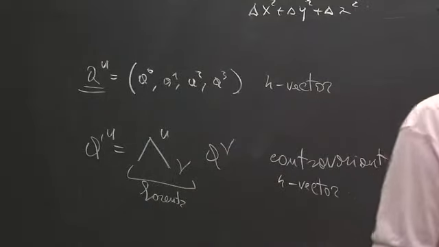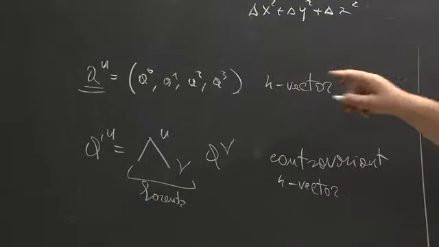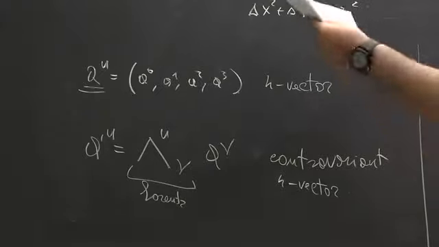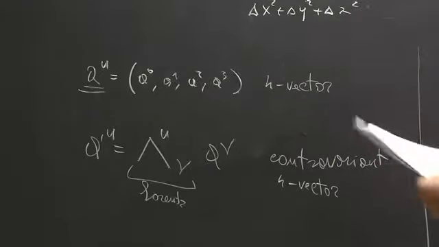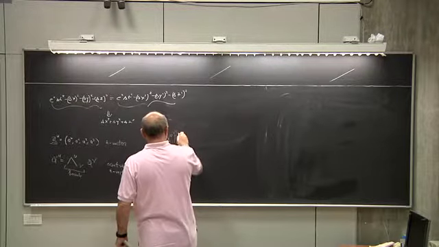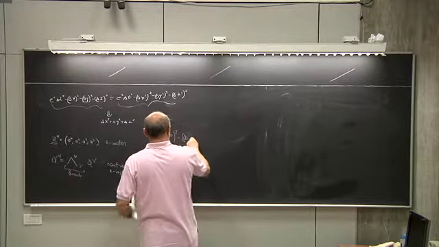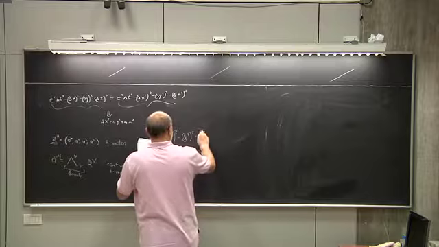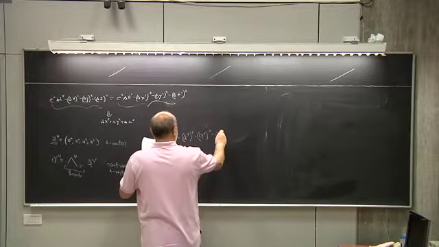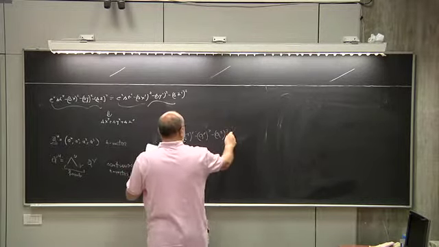Okay. Now let's take out of this contravariant vector the analog of its length, but a pseudo length. Then it will be A0 squared minus A1 squared minus A2 squared minus A3 squared.